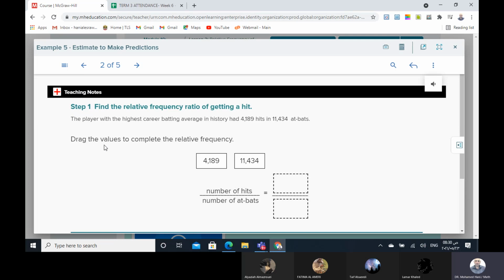So drag the values to complete the relative frequency. As you remember the rule, number of hits over number of at-bats. Who can tell me what is the number up here? 4,189. Great. And this is the number down.